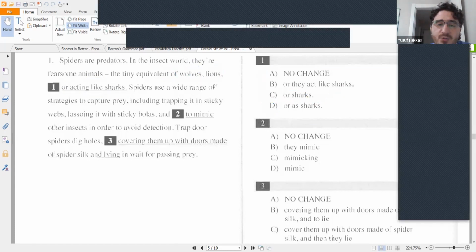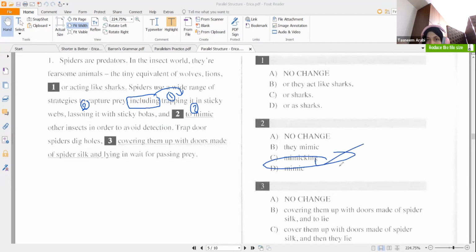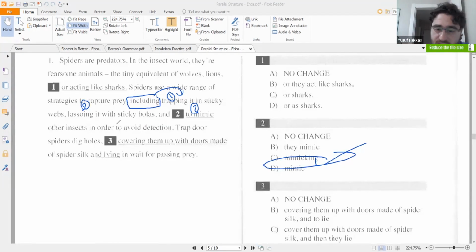Spiders use a wide range of strategies to capture prey, including, and after including we have the list, including what? 1, trapping it in the sticky webs. 2, lassoing it with the sticky balls. 3, and mimicking. Yes. So ing, trapping, ing, lassoing, ing, mimic.